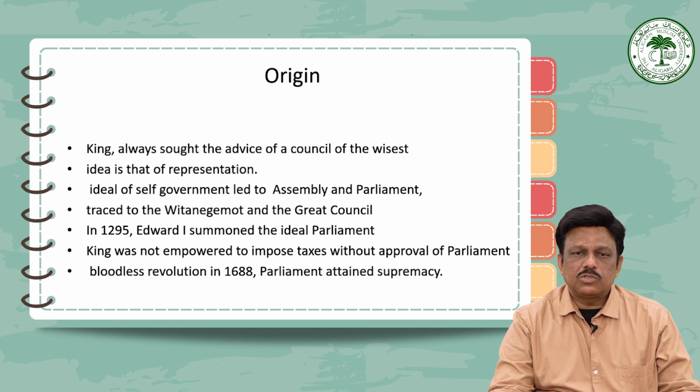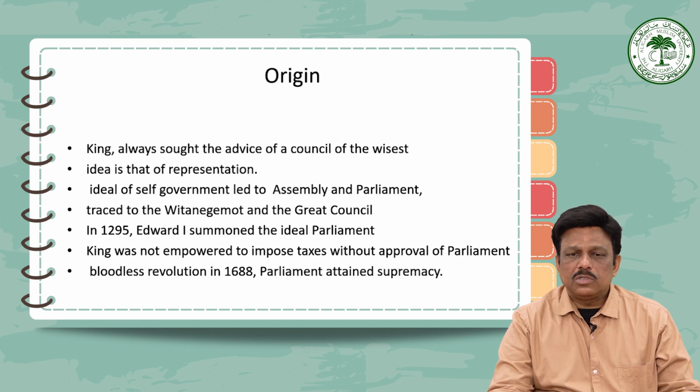So the British king was not empowered to impose taxes without the approval of the Parliament, and that condition led to the prominence and importance of Parliament in subsequent years, and in 1688 the bloodless revolution, finally the Parliament gained its supremacy over the crown.